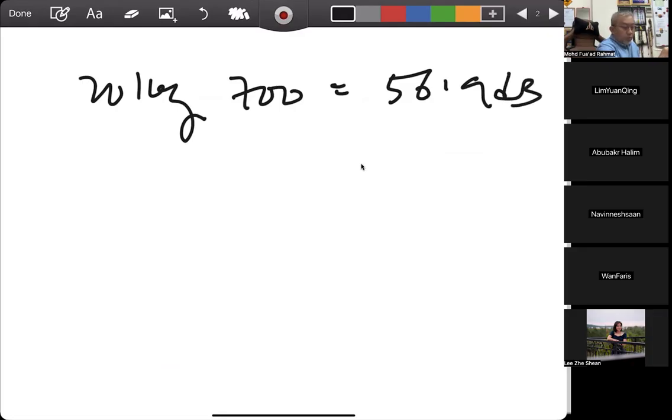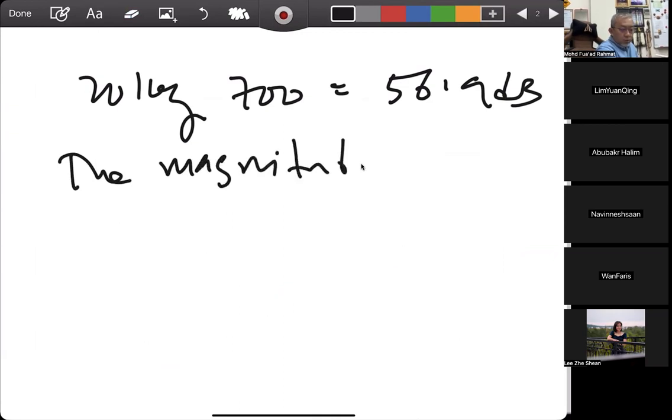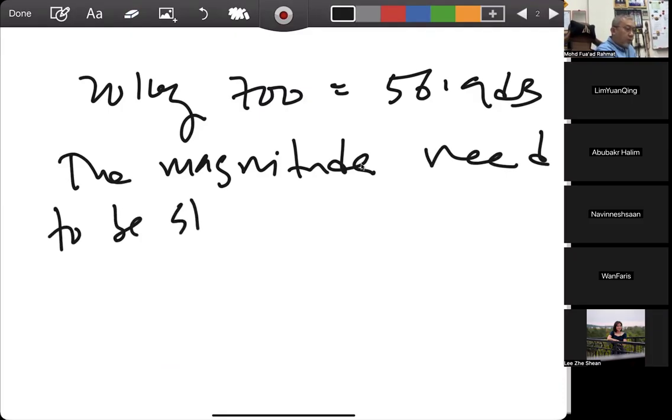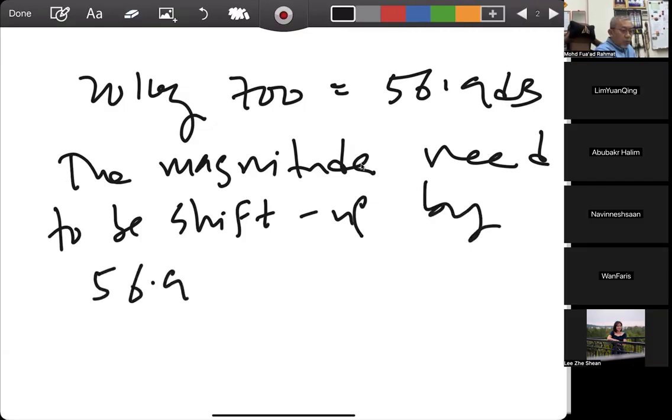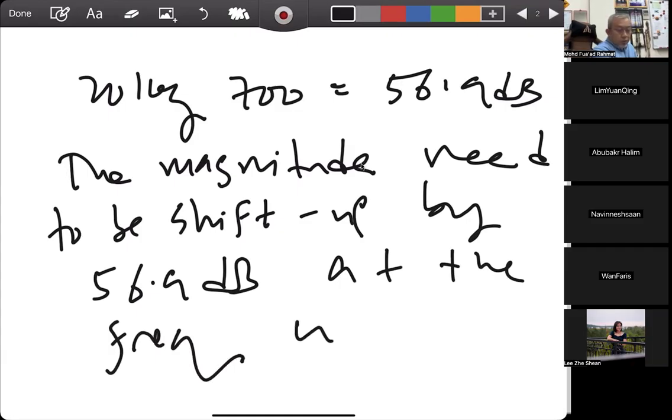Okay, so the magnitude needs to be shifted up by the amount of 56.9 decibel at the frequency omega 3.8 radian per second.